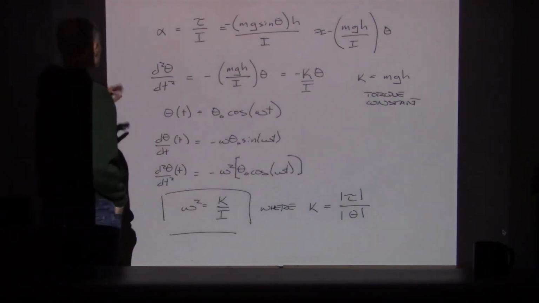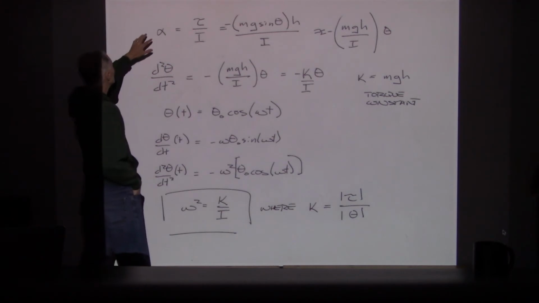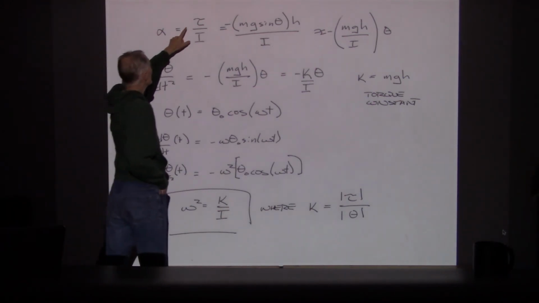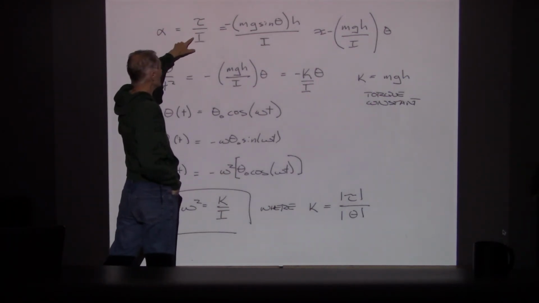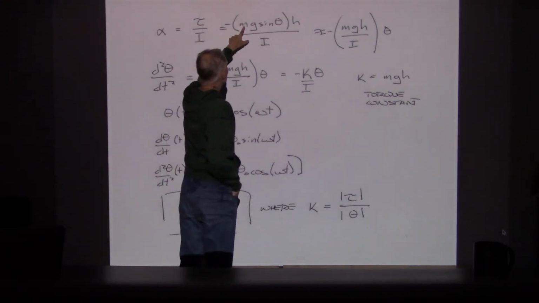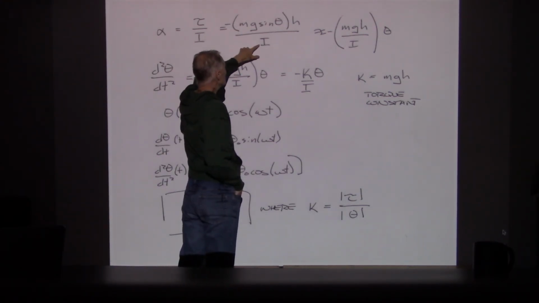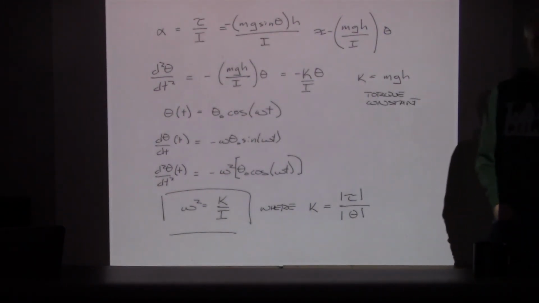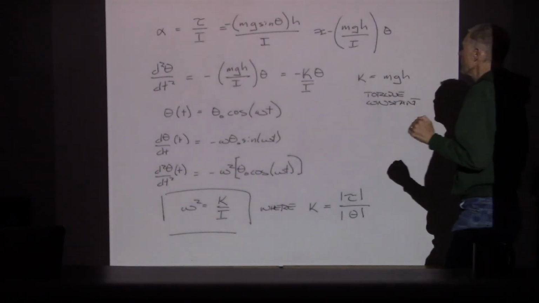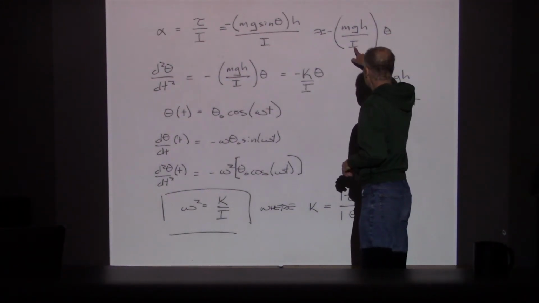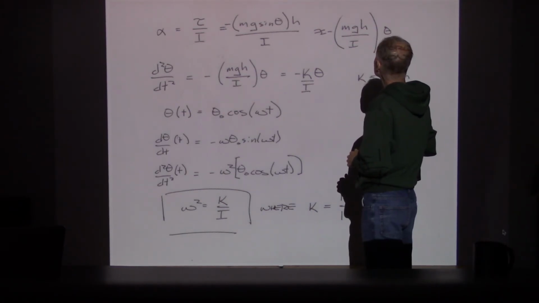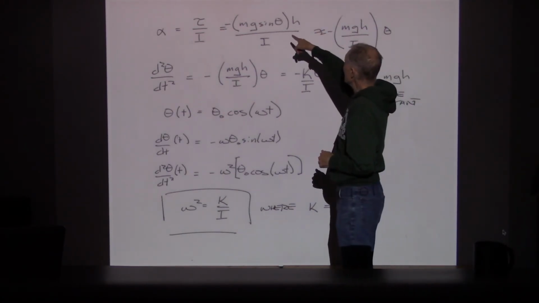So just to go back and review some of that analogy, this is a rotational acceleration, not a linear acceleration. And that's going to be given by torque divided by rotational inertia. We determined what the torque was. Now the rotational inertia in general is going to depend on what the shape of the object is, so I'm going to leave that as I for now. And what that becomes, the acceleration then, see that sine theta?